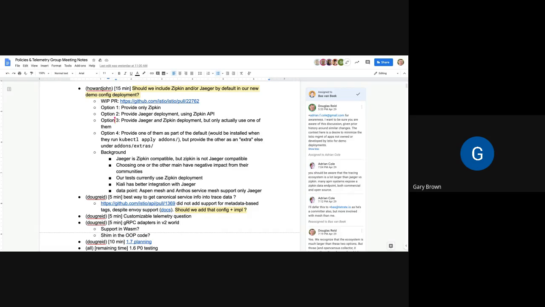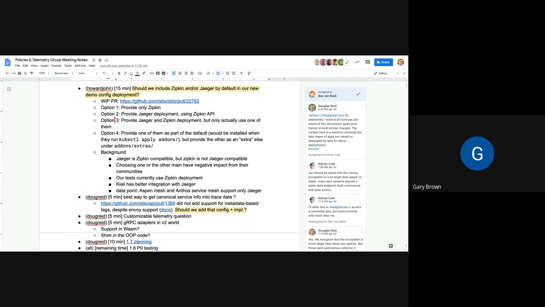Yeah, I can understand that. We want to try and keep it simple for users when they're doing an installation, so providing one option is good. But yeah, I suppose the problem is preference. When you provide a demo version, users will then probably go on, if they've got no strong opinion on the tracing system, and are more likely to just go with that same system when they deploy into production.